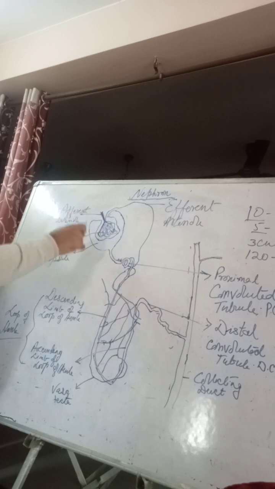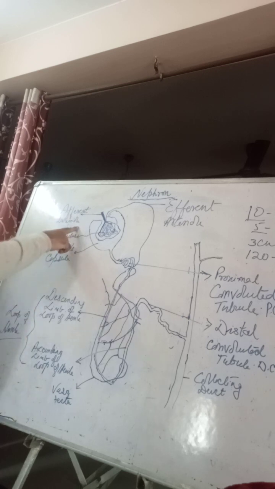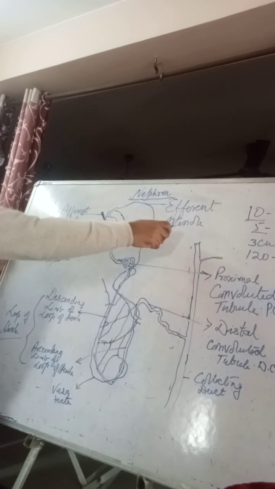From the glomerulus, the blood goes out through a thinner arteriole. So there is a difference in the diameters of these two arterioles: the lumen is wider in the afferent arteriole and narrower in the efferent arteriole.